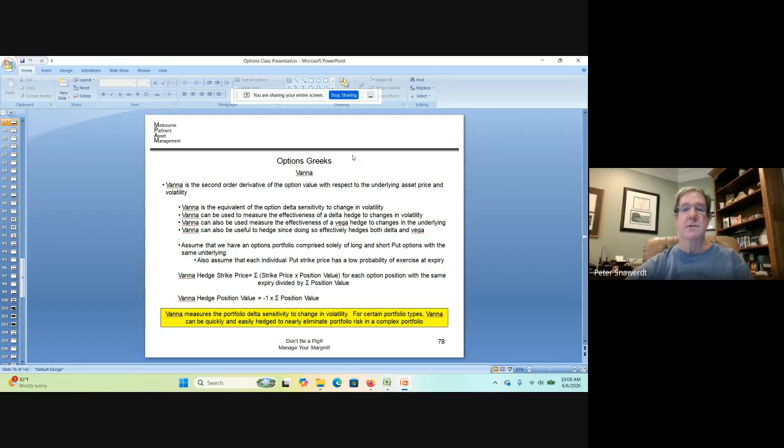Vanna measures the sensitivity of your portfolio to both implied volatility and underlying. And if you have a short options portfolio, if you think about the four things that matter: interest rates, time, implied volatility, and change to the underlying, realistically, only two of those can hurt you. Interest rates, unless you're trading options that have a long period of time, usually don't play into it.